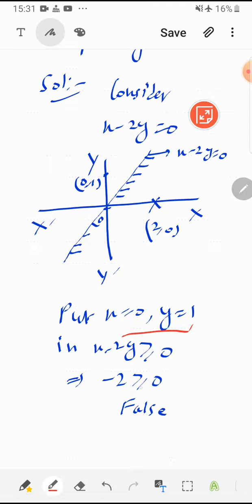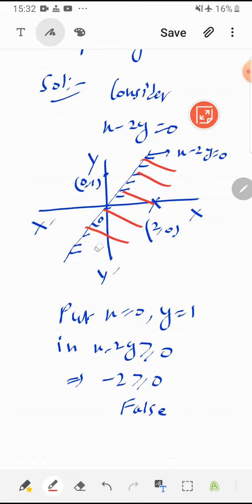You will get minus 2 greater than or equal to 0, which is false, as minus 2 is not greater than 0 and it is also not equal to 0. So we have to do the shading away from this point, like we have done in the case of the origin. So that is why shading is towards this side, away from (0, 1).